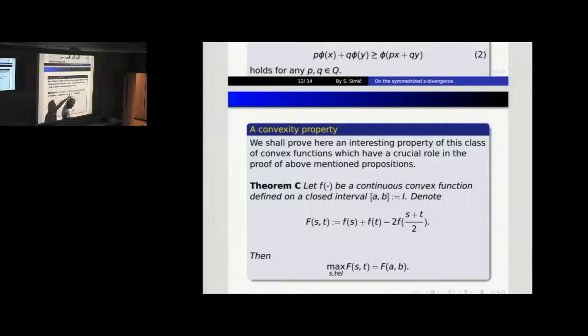You have interval AB. The maximum is obtained at points A and B. So this is always less than f of AB. This property of convex functions is proved there, and took part in proofs of the above theorems.